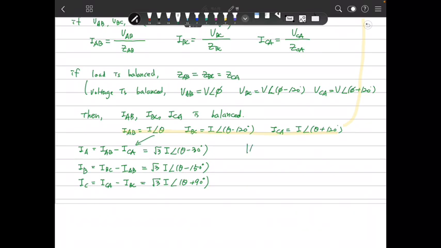So the magnitude of the line current is root 3 times the phase current. This is a relationship. And the phase of IA is the phase of IAB minus 30 degrees.